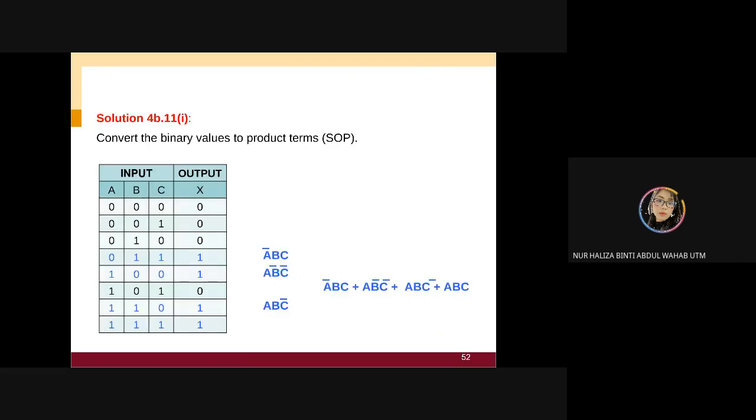Next, you have another example here. Convert the binary value to product term SOP. It asks you only one, which is your SOP. Ting senang je kan? Tak perlu you nak buat another POS ke.